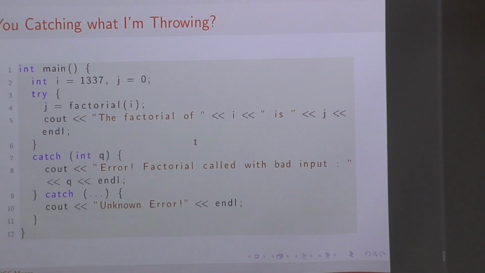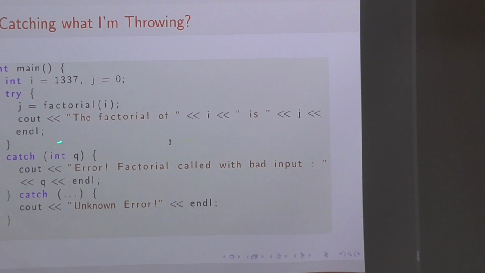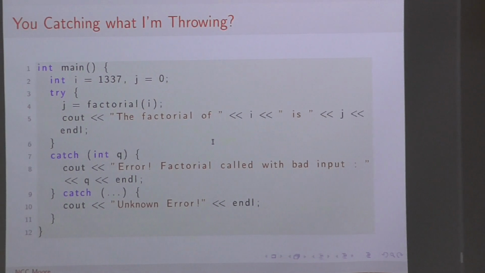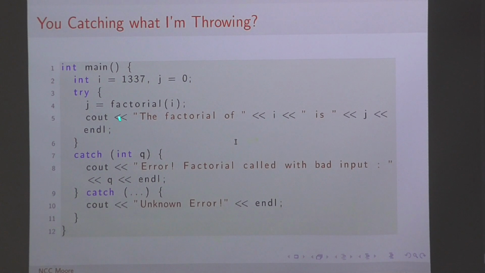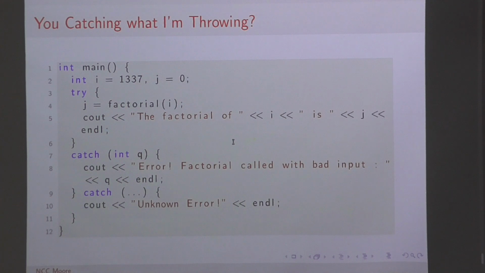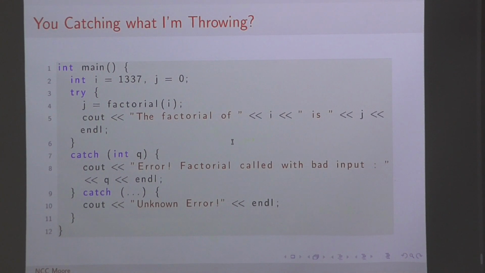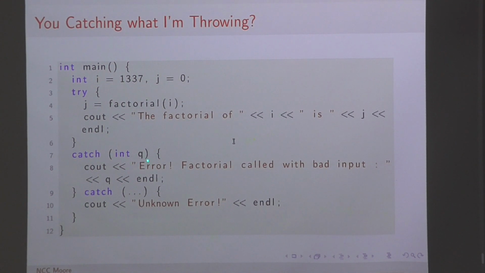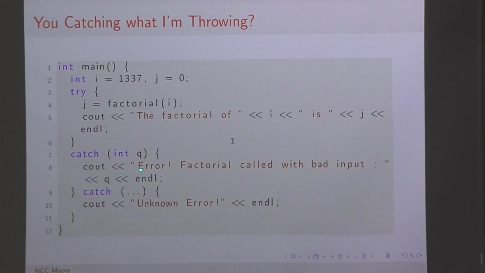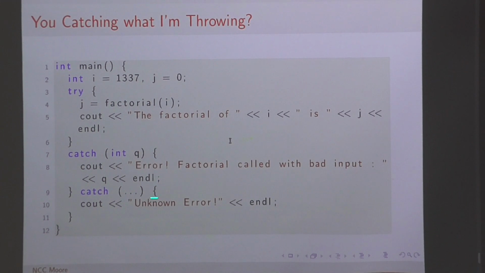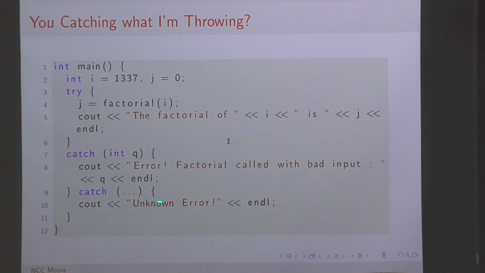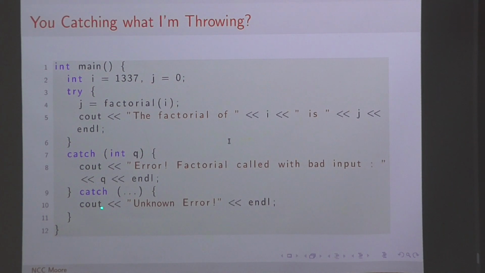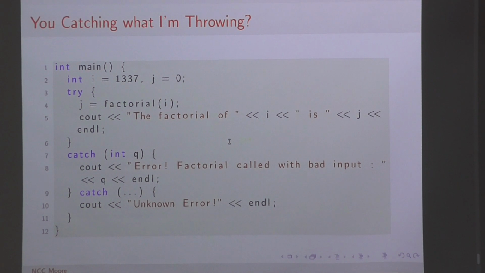If an exception is thrown while these statements are executing, we immediately terminate execution inside this block and jump to the correct catch statement. So catch int, error, that outputs error factorial called with bad input, and then it gives us the input. Catch with ellipses catches the rest. cout unknown error. Make sense?